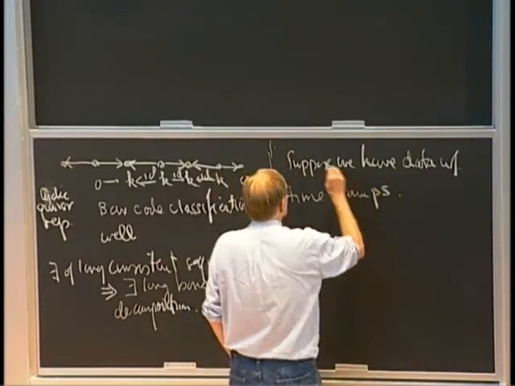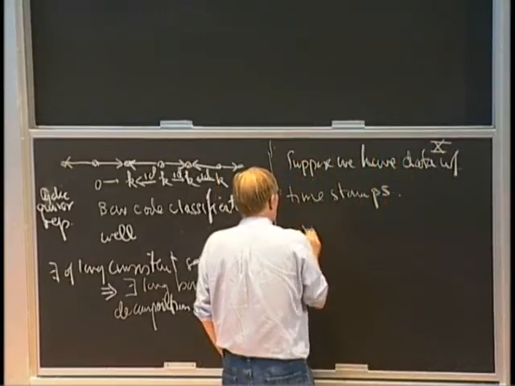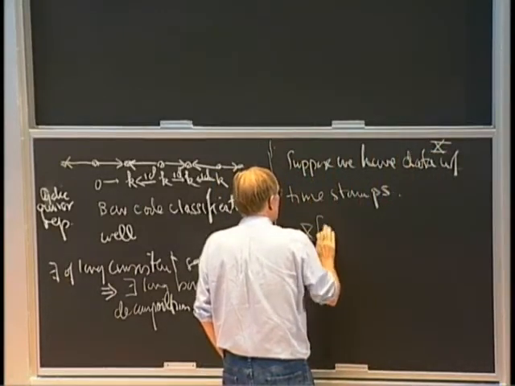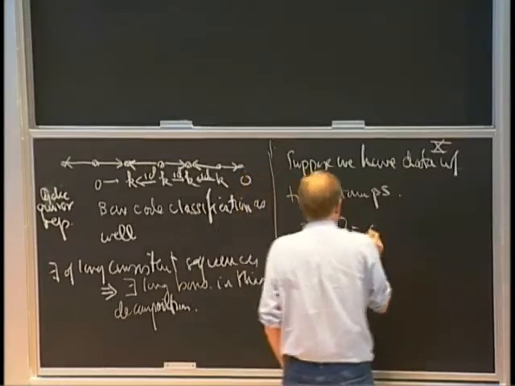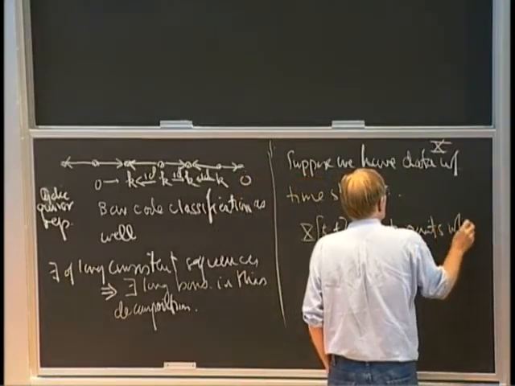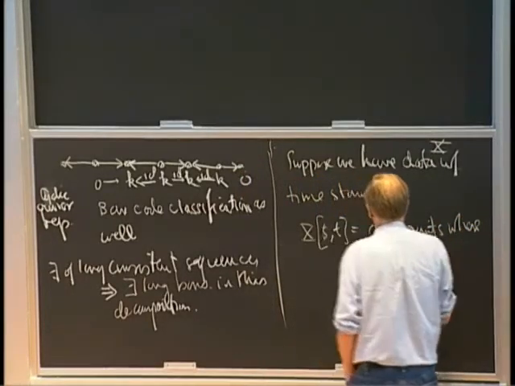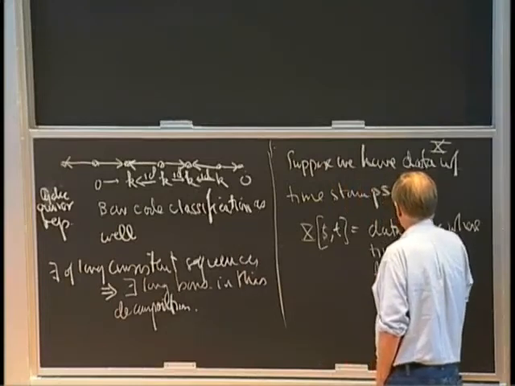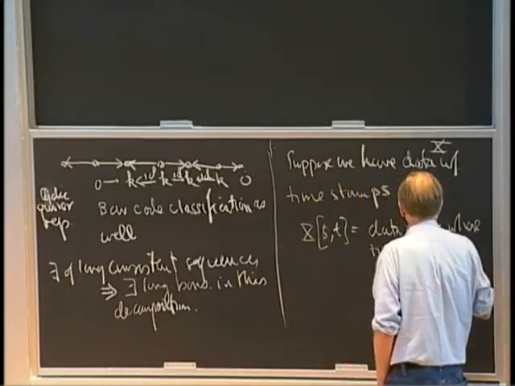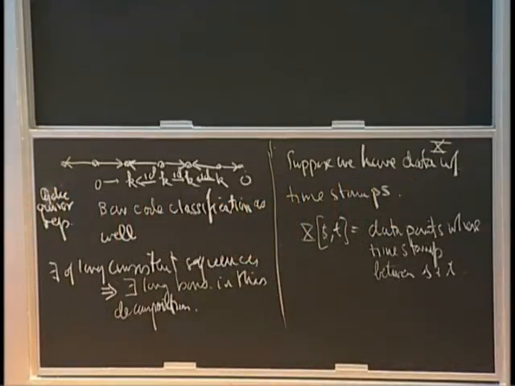So X is my data set, and I'm going to write X of S and T for the data points whose timestamp is between S and T. So I'm taking parts of the data set, and I'm going to try to understand how the data varies over time, how the structure of the data varies over time.